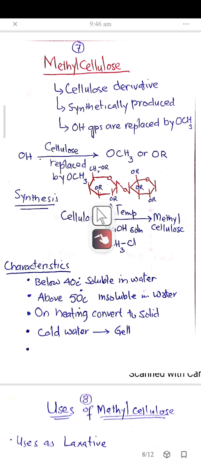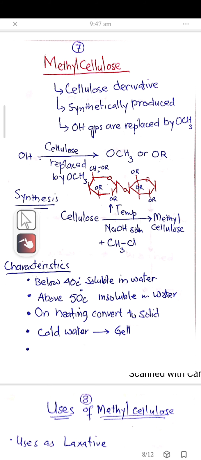So let's see in the structure of the cellulose, all the OH groups are replaced by OR or OCH3 group. You can see this is O, and the H is replaced by R. Look at this. All the OH groups which are present in the cellulose are replaced by OR groups.